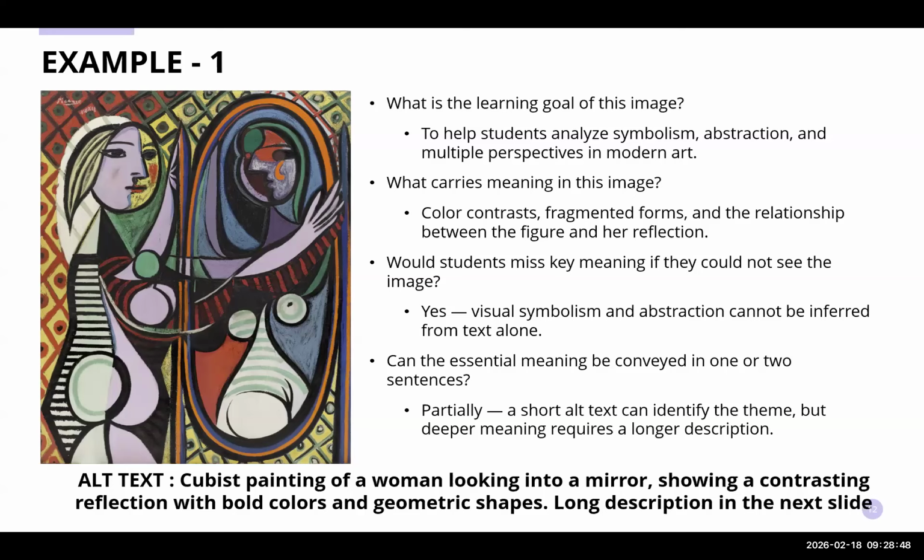Now, this gives the student who's using a screen reader a big picture immediately. But for a deep dive into the symbolism of the reflection or the geometric patterns, you would definitely want a longer description that we are going to see in the next slide. Next slide, please.